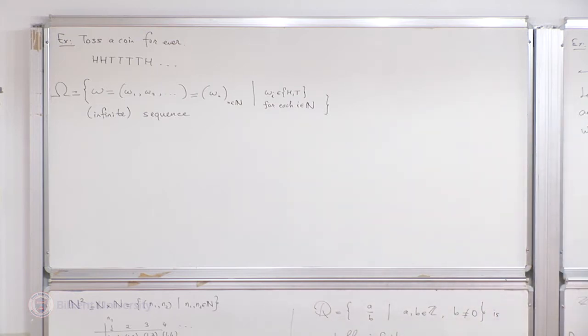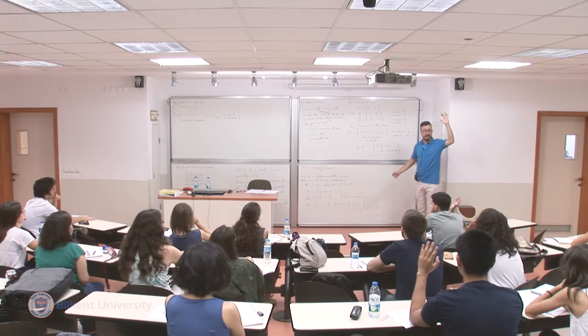An outcome is a sequence. The sample space is the set of all sequences in this form. It's an infinite set for sure. But is this countable or uncountable? Who wants to say countable? This really looks like a countable set.